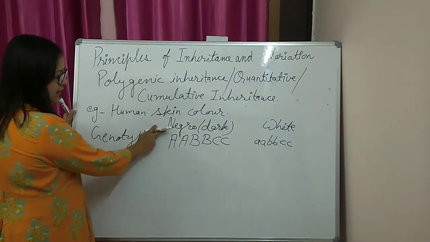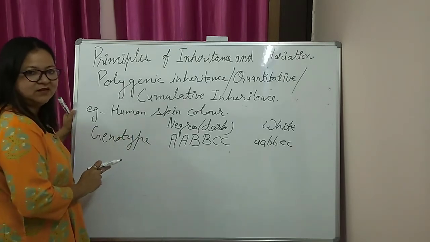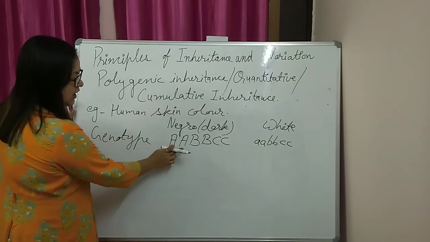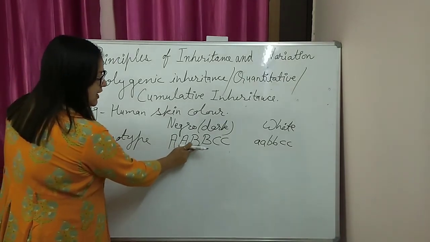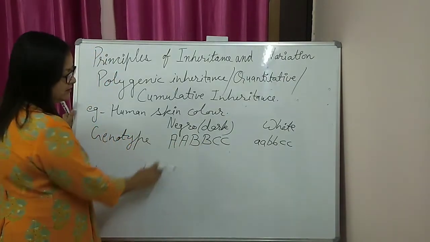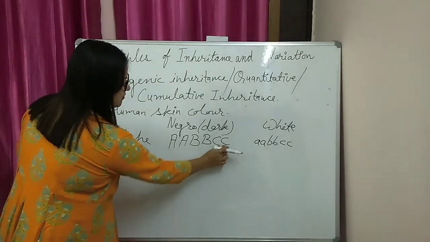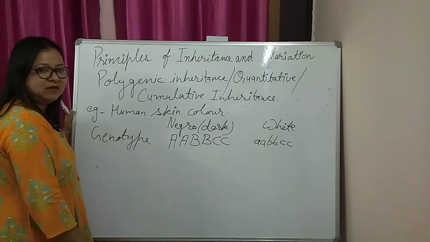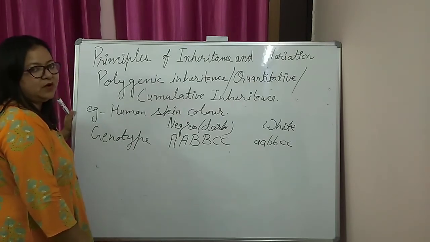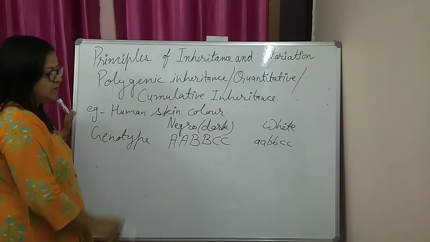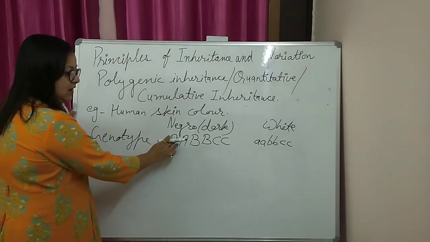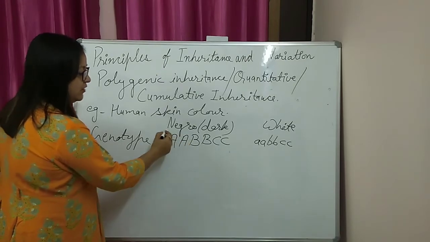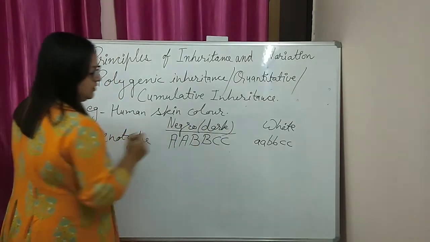So this single character of skin pigmentation is affected by more than one allelic pair. Here we have three different pairs. These alleles may be present on the same homologous chromosome or on different chromosomes, and their dominant alleles affect the expression of the phenotype.